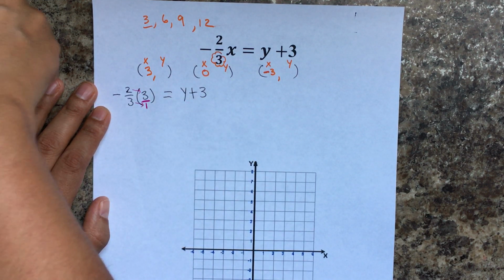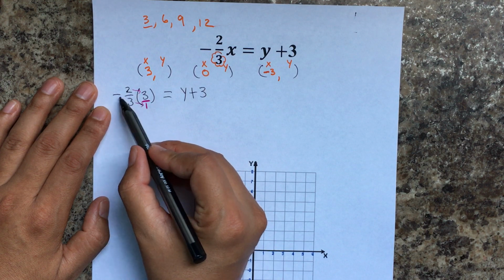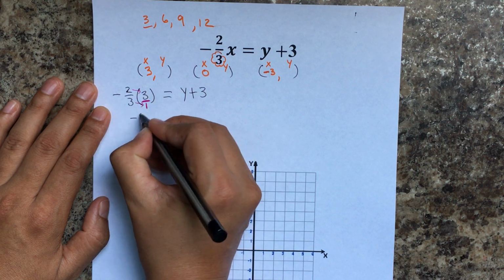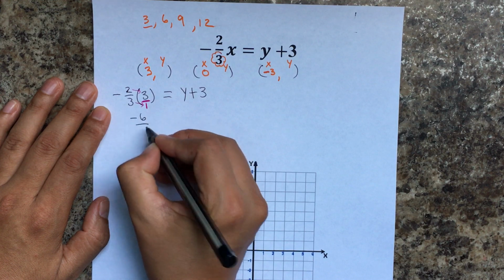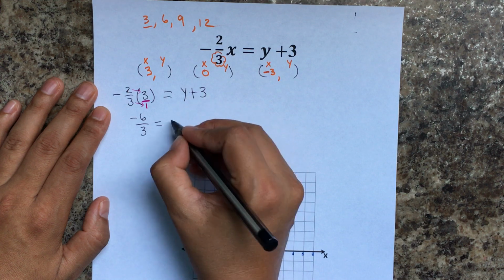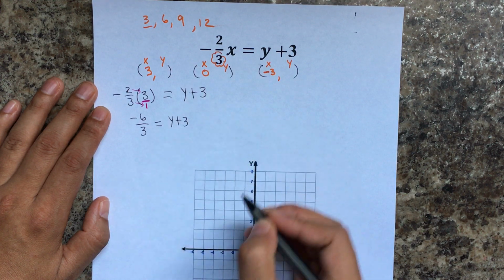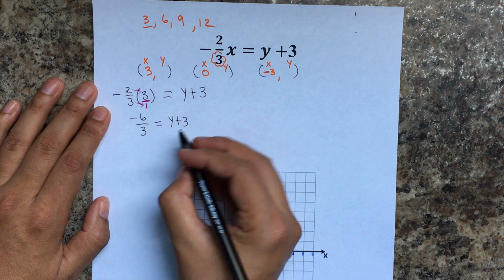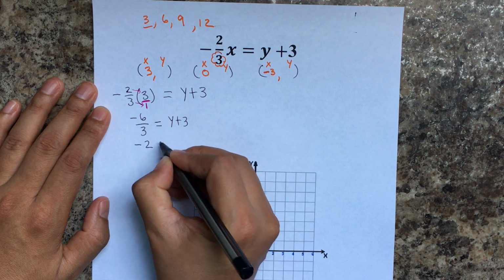So put it over 1, and we get this negative, give it only to one of them. So it's going to be negative 2 times 3, negative 6. 3 times 1, that's equals to 3, equals, we just bring this down. Then negative 6 divided by 3 becomes negative 2.